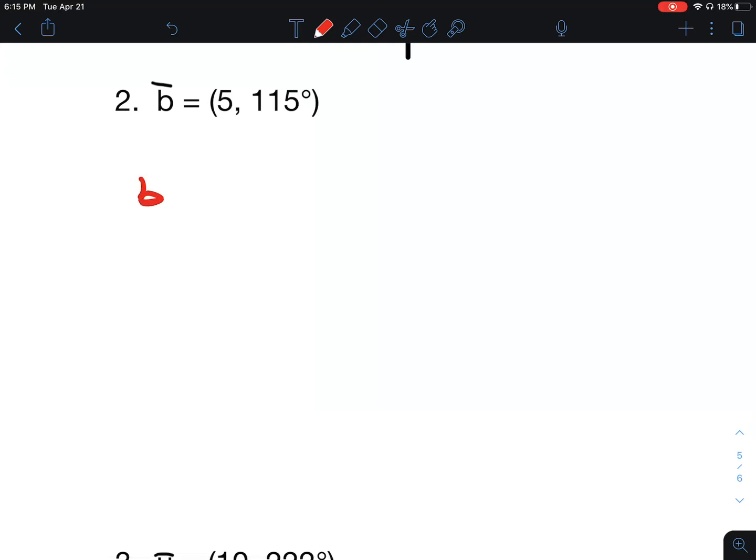So for B, in component form, this is going to be 5 times cosine of 115 degrees, followed by 5 times sine of 115 degrees.